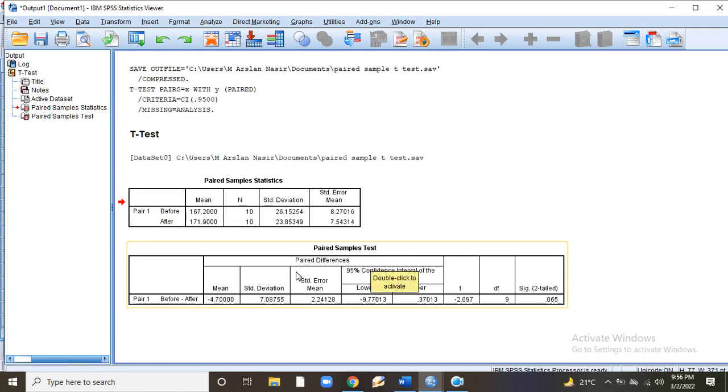Now this table is very important. The mean difference between before and after is minus 4.7, and the standard deviation and standard error are given here, and the confidence interval is minus 9.77 to 0.37, and the value of the t statistic is minus 2.09 with degrees of freedom 9.